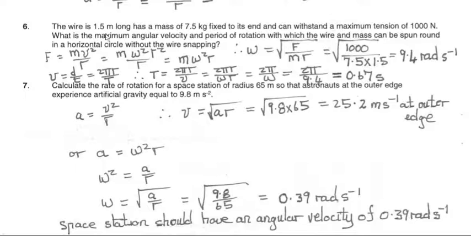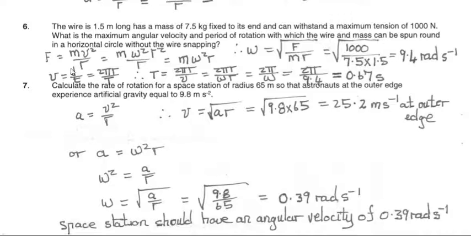The wire is 1.5 metres long and has a mass of 7.5 kilograms fixed to its end and can withstand a maximum tension of 1000 newtons. What is the maximum angular velocity and period of rotation with which the wire and mass can be spun round in a horizontal circle without the wire snapping?